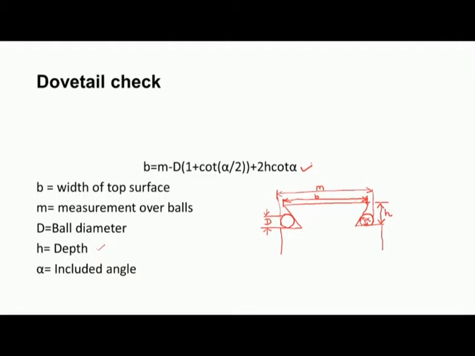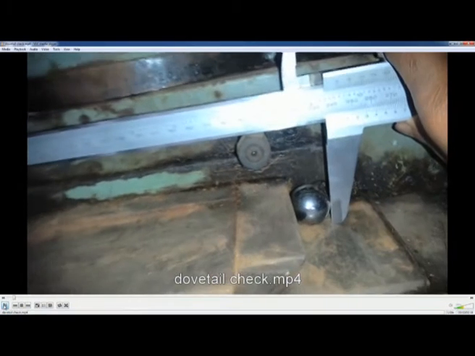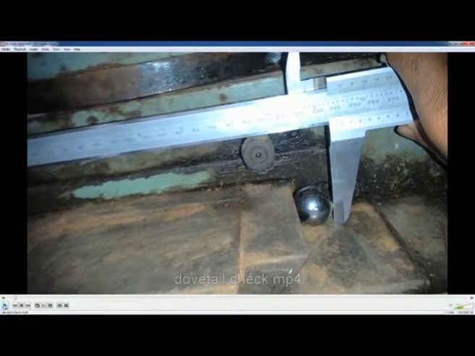Now, let us conduct an experiment to check the dovetail. You can see here we have a dovetail of a milling machine. We have kept a ball of known diameter. On the other side also we have kept another ball of the same diameter.